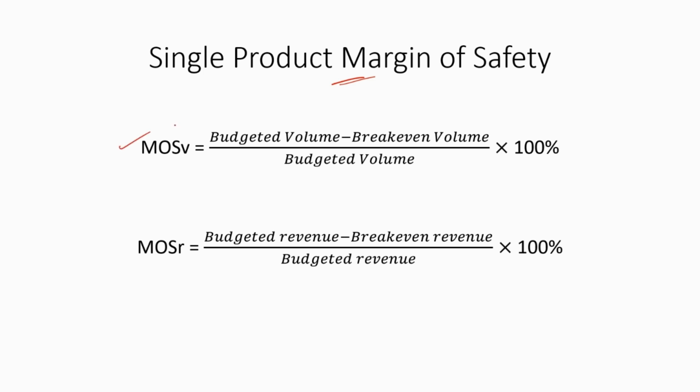So the margin of safety in terms of volume can be calculated by budgeted volume minus break-even volume divided by the budgeted volume multiplied by 100%. And we can calculate the margin of safety in terms of revenue, which is equal to budgeted revenue minus break-even revenue divided by the budgeted revenue and then multiplied by 100%.